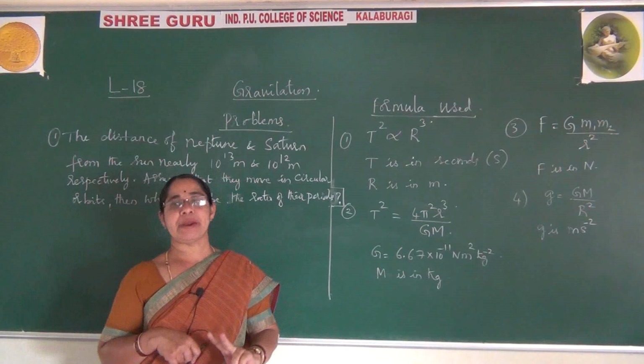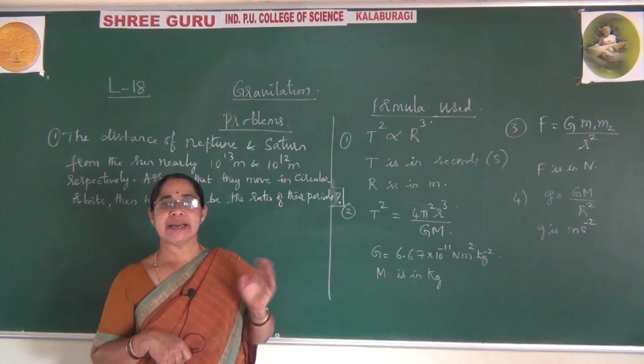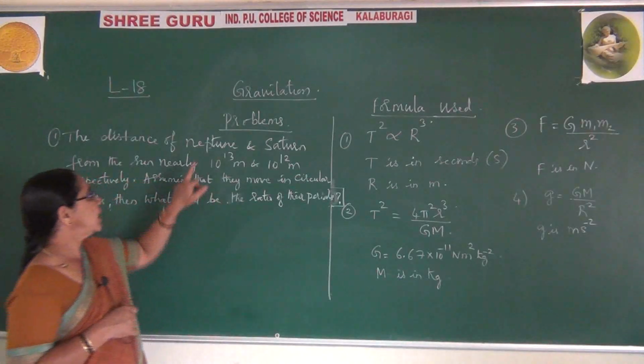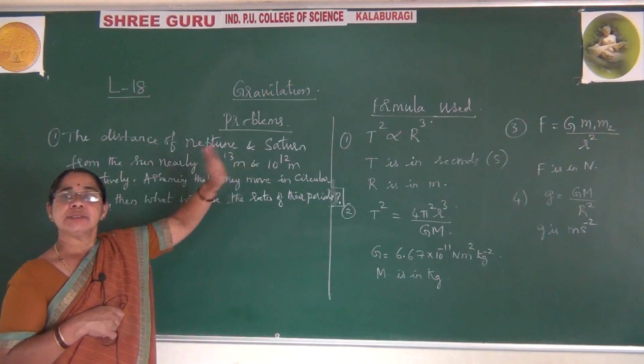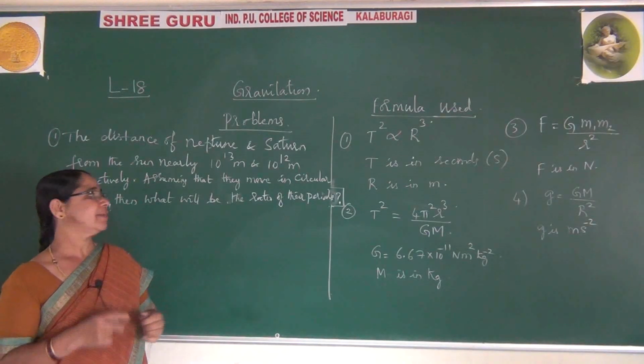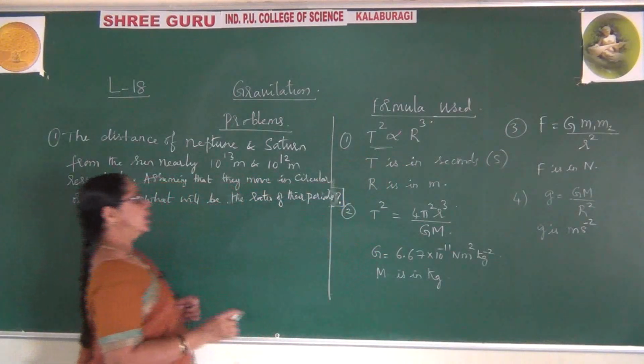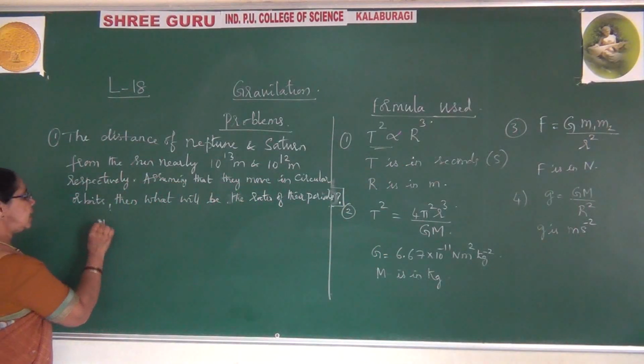Since they have given two planets, let us take one as T1 and another as T2. But here they have already given the names, one is Neptune, another is Saturn, so let me write the formula accordingly.